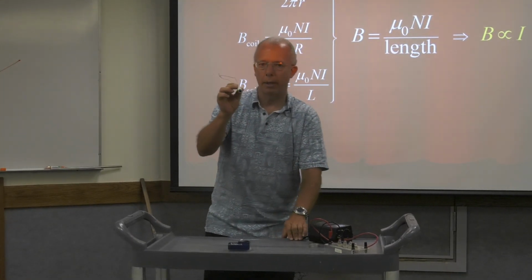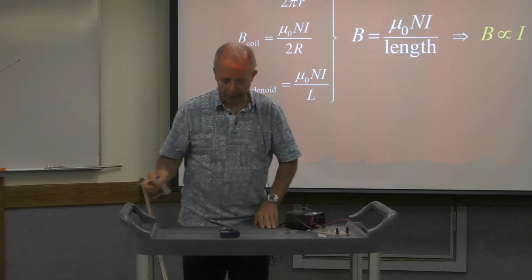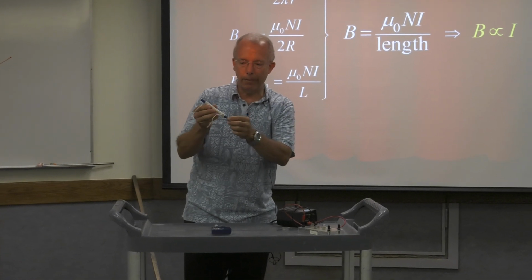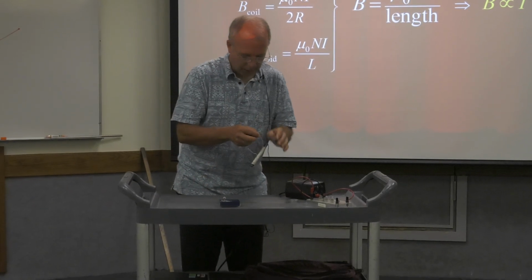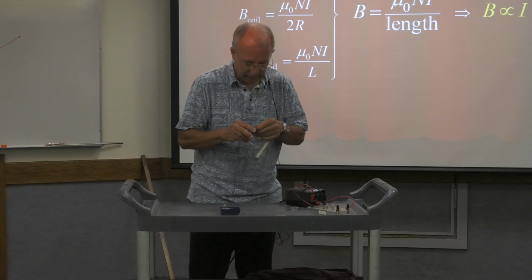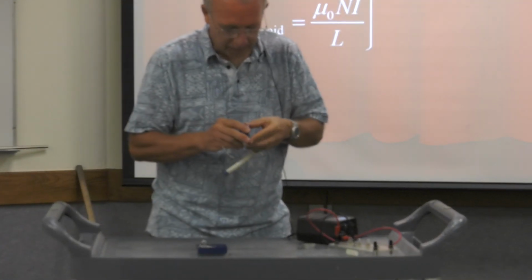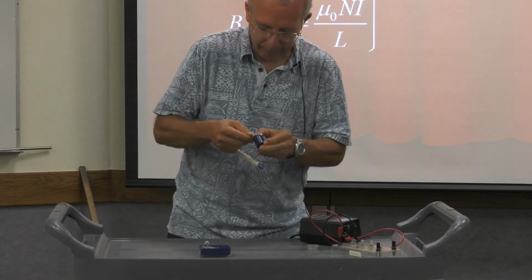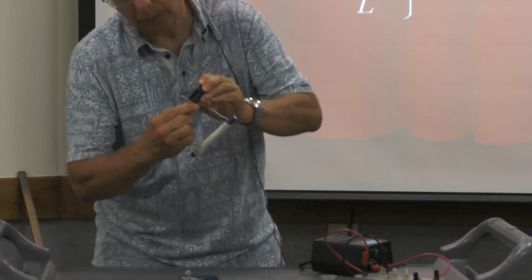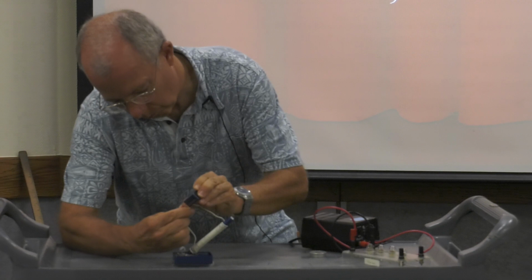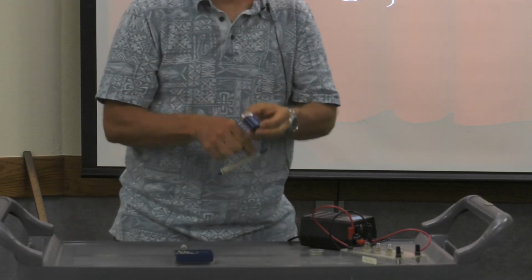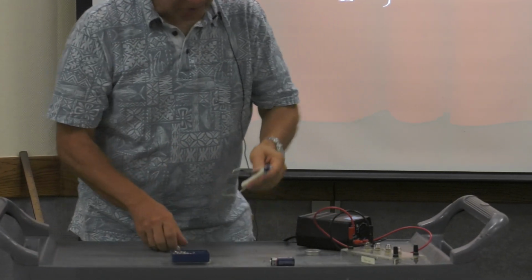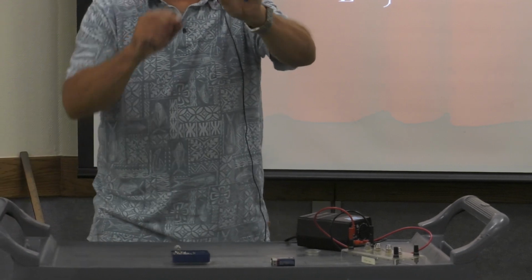Here's a solenoid. Now remember, I said that there's going to be a really strong magnetic field. So let's put a current on it. Let's see if it does anything. Nope. Okay. Now look at it, this is just a piece of plastic, right?